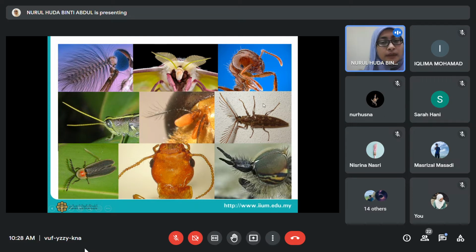Okay, but when we are talking about beetles, depending on their groups, they have a lot of different types of antenna. Okay, like here, firefly is actually a beetle. They have what we call serrate antenna.